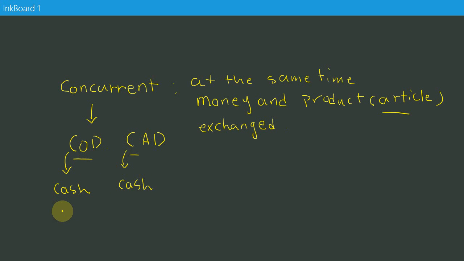O meaning on, D meaning delivery, or delivered. The A in CAD means against, and in this case of CAD, D stands for document.